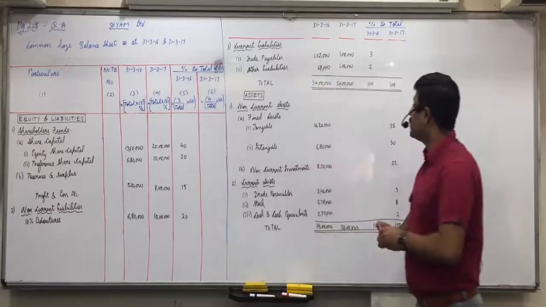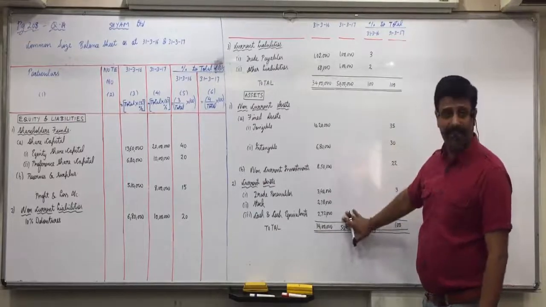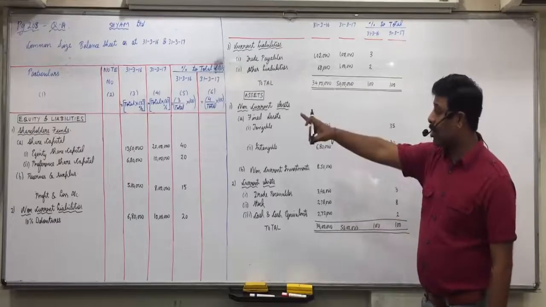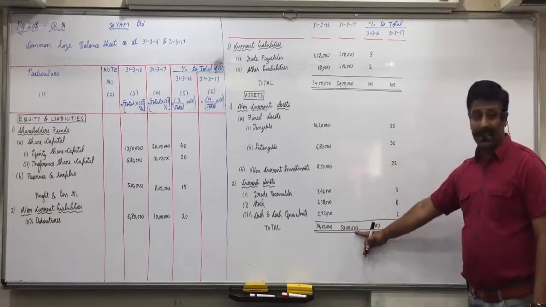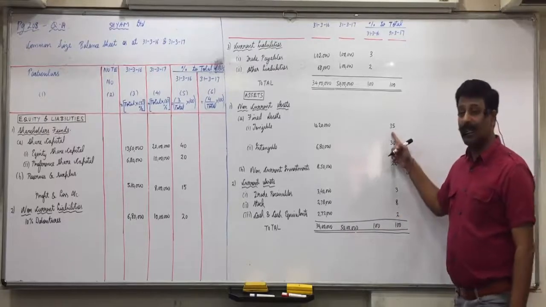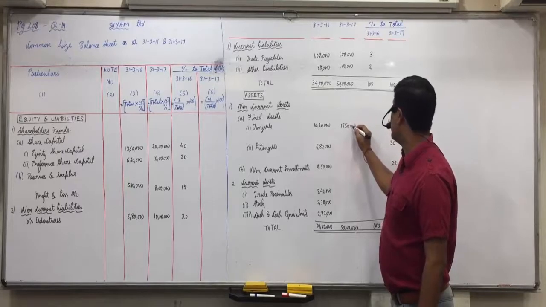Did everyone understand this? Same way, now here the 31/3/17 figures are missing. So again total into sixth column's percentage. Means 50 lakhs into 35%, 17 lakh 50,000. Is everyone able to understand this?